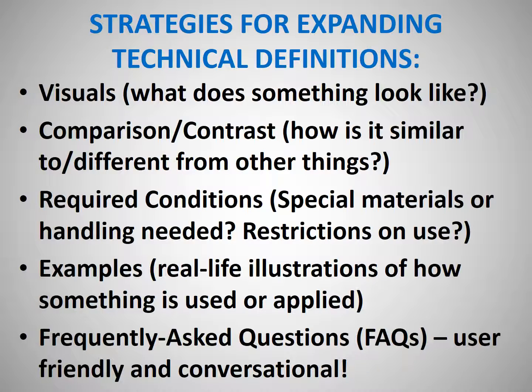What is my audience most likely to wonder about? What is my audience most likely to ask questions about? And then I write down those questions and I answer them in a nice, user-friendly, conversational way, so that I'm sort of cutting off the possibility of confusion before it even arrives. Okay?